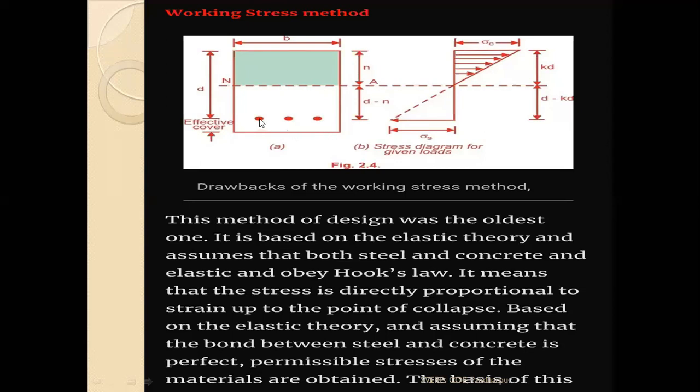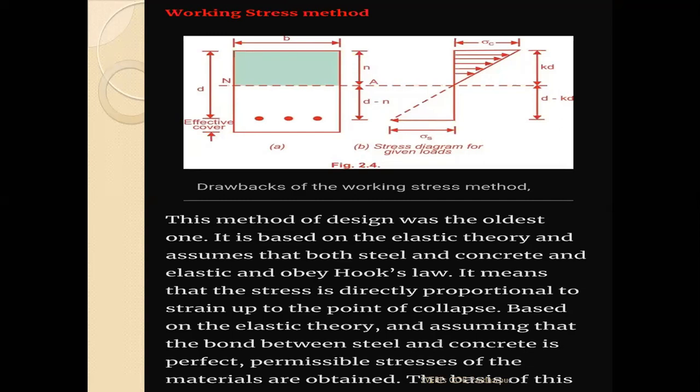We never put these steel bars directly resting at the bottom. We keep some space in between, and that is called the cover. And the distance from the bottom to the center of this bar is called the effective cover.